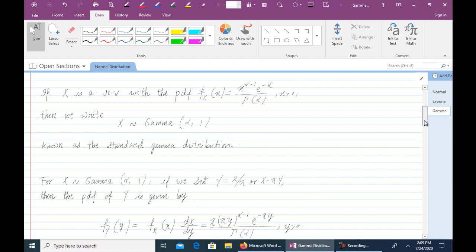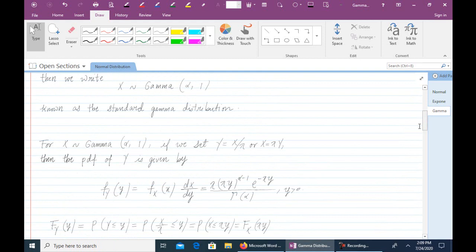Well, the PDF of y would be the PDF of x multiplied by dx dy, and then that's equal to, obviously dx dy would be lambda, and then fx of x being lambda y.